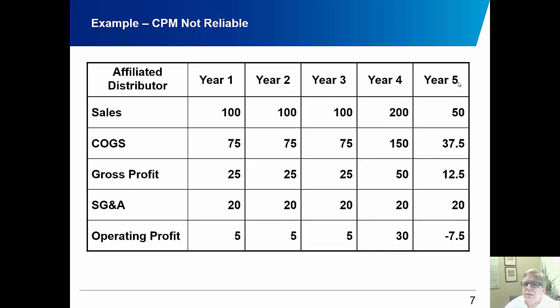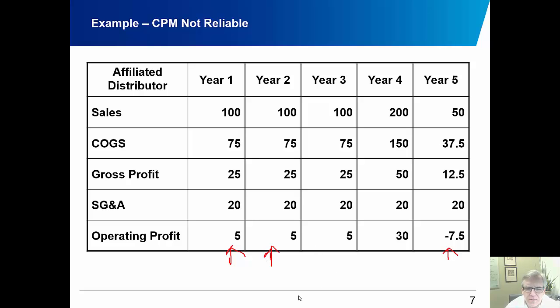Let's suppose that year 5 was followed by 2 years of sort of normal activity. So year 5 is going to be right here. And then what if year 6 looked like year 1 and year 7 looked like year 2?